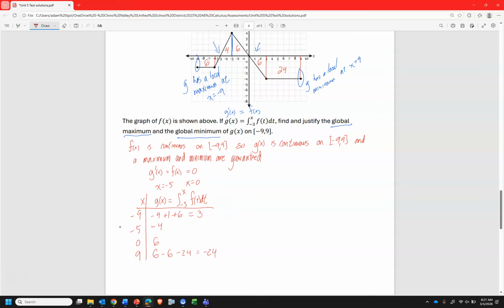So another thing that I saw on the test that people made an error on was a lot of people are just used to saying where the maximum and minimum occur, but this actually asks you to find the maximum and minimum, meaning the y values.